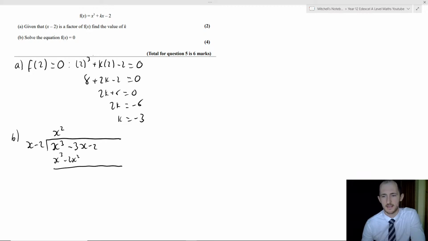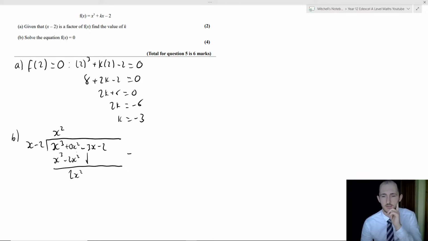And if we subtract it, what might have helped in this situation is if it skips over one of the things, you can always put plus 0x squared minus 3x minus 2. Okay? Subtract that, you get 0 minus minus 2, so 0 plus 2, which is 2x squared.